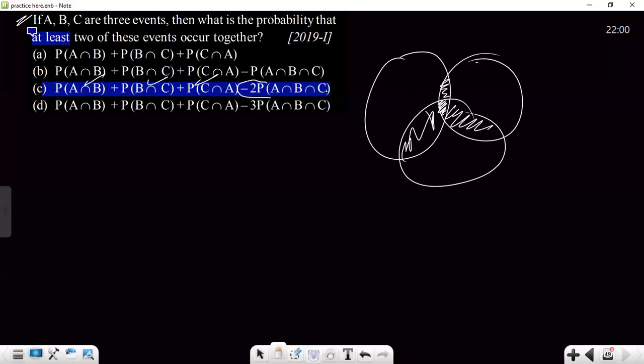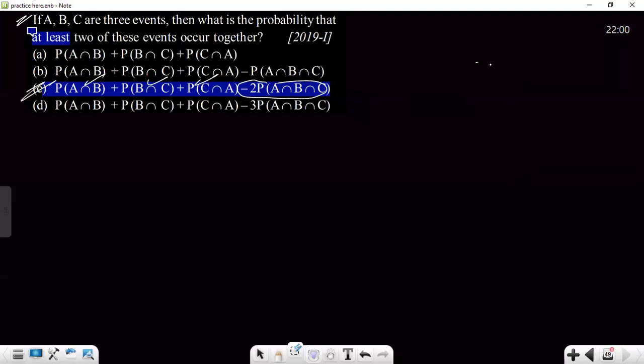So we have subtracted it by 2. And we have also discussed this in our earlier class. If there is any doubt, we can discuss it once again. Any doubts? No, sir. Okay. So that was the last question.